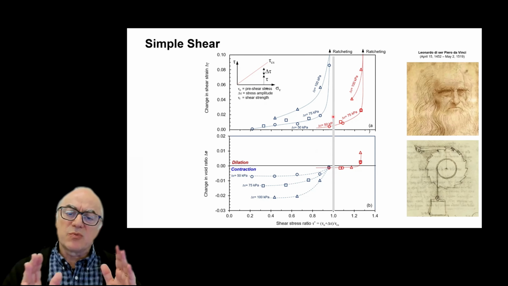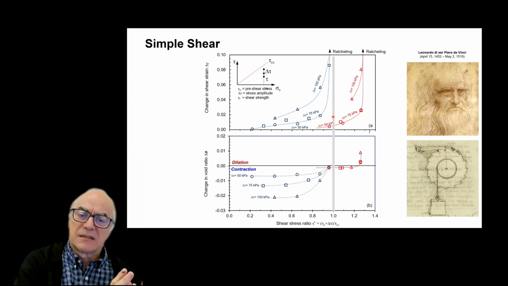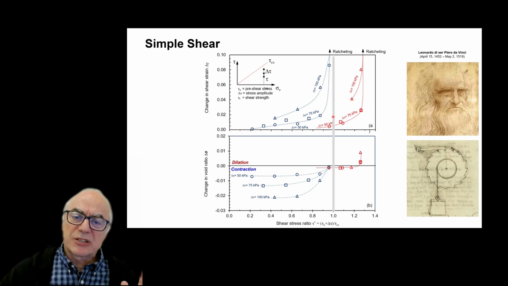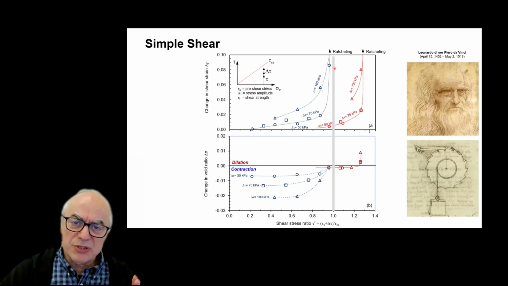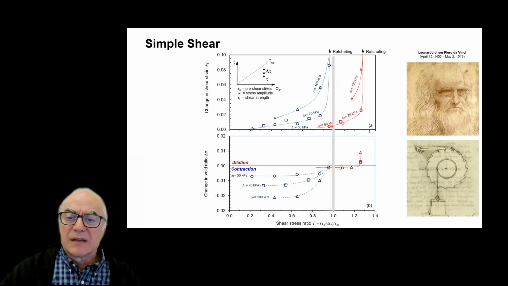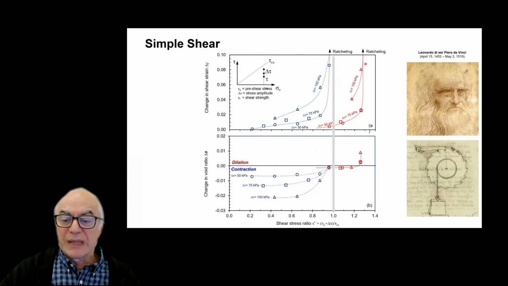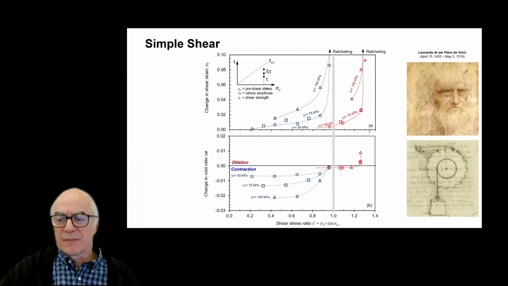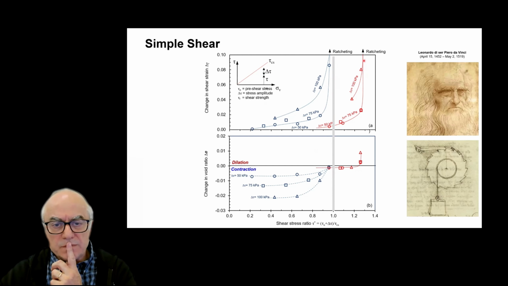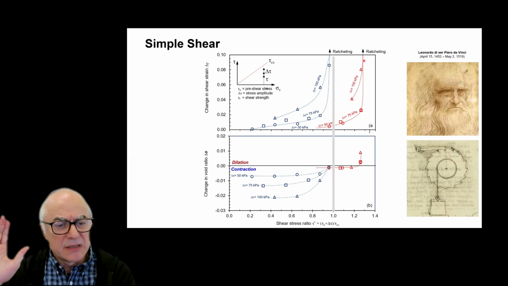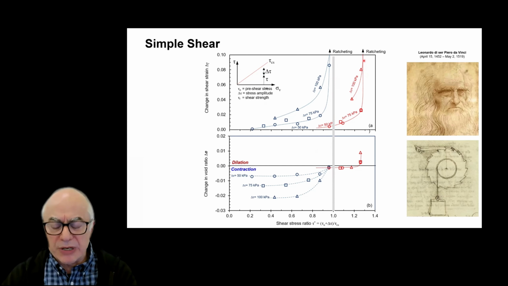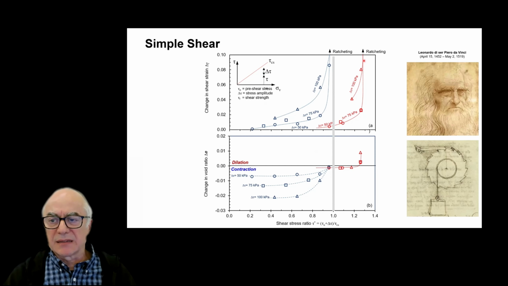Now, if the materials were on the contractive side, the probability of ratcheting increases as we approach that ratio of the critical state. However, if the material was dilative, ratcheting will happen when we exceed that value. We have to go towards the peak. As a take-home message, the probability of ratcheting increases as we approach and/or exceed critical state in the peak of the shear loading.